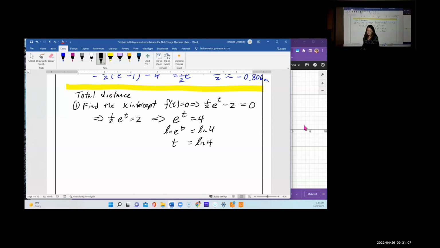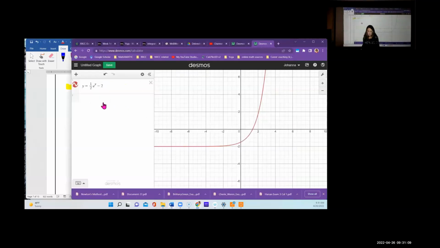So let's come over to the graph and let's plot the point natural log of 4, 0. Okay, does everybody see that it's right there on the axis? So that's the natural log of 4. Now, what we want to do is reflect this part of the graph that is below the axis.